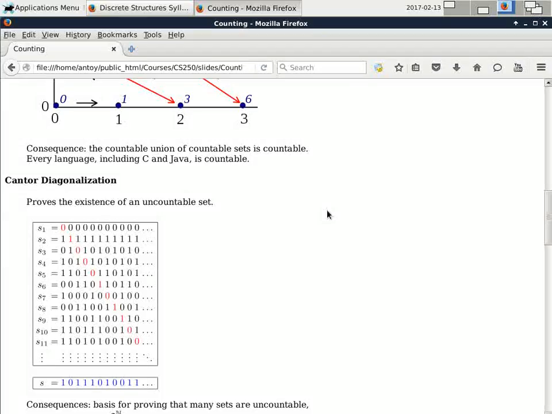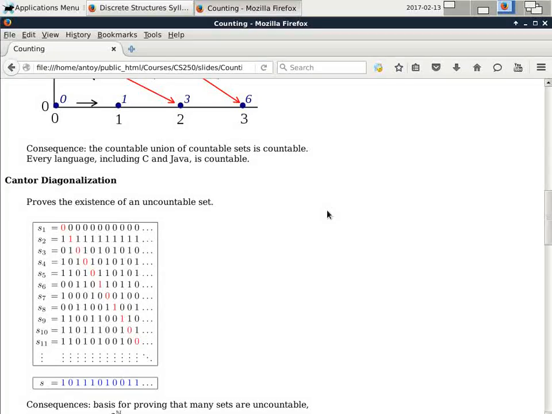So first, let's look at the elements of the diagonal. This is the diagonal, okay? So the first element is 0, the second is 0, the third is 1. Suppose that here there is another 1. Suppose that here there is a 0, and so on. All right? This is the sequence of the elements on that diagonal. You with me? Now, I flip this sequence. Where there is a 0, I put a 1, and where there is a 1, I put a 0.